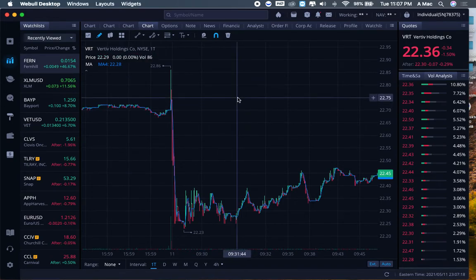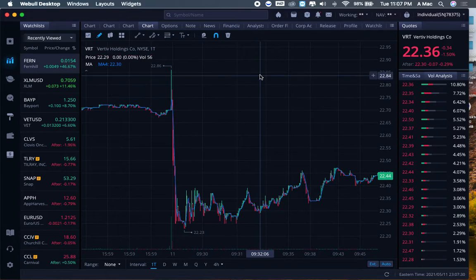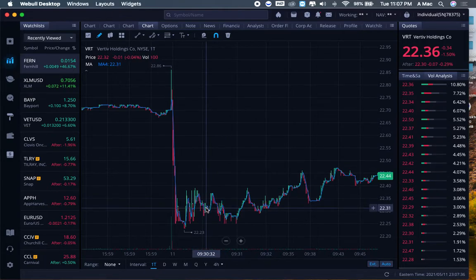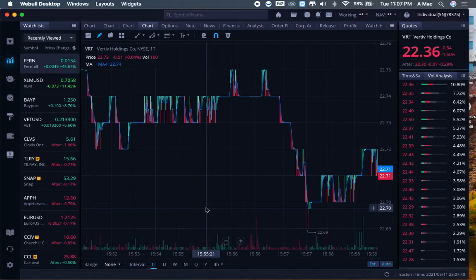It was here, it went up to 22.86 and then sold all the way down to 22.23. So repeat, you know it's going to repeat itself. It's going to go all the way back to 22.86. See, 22.75.